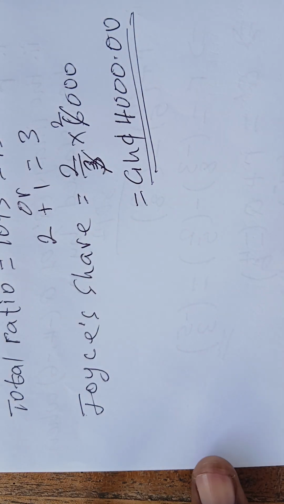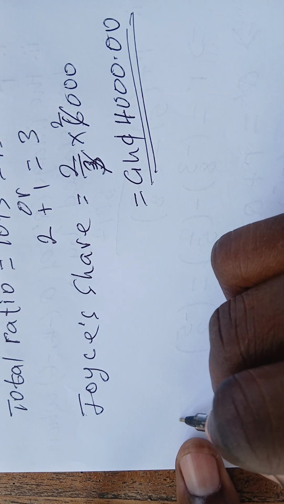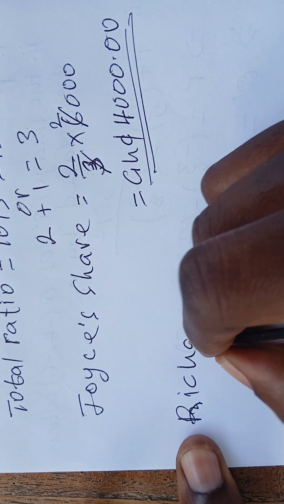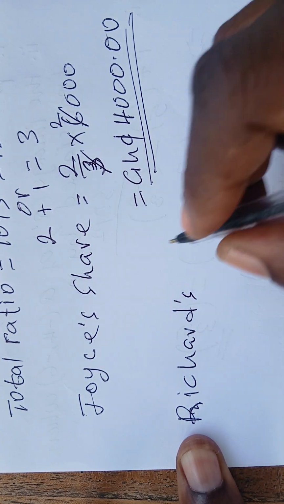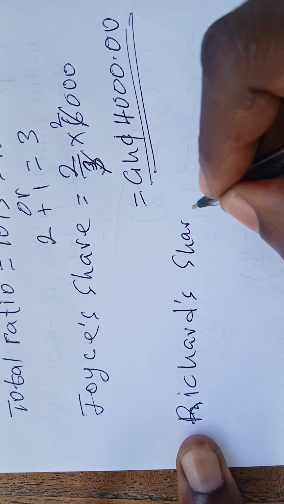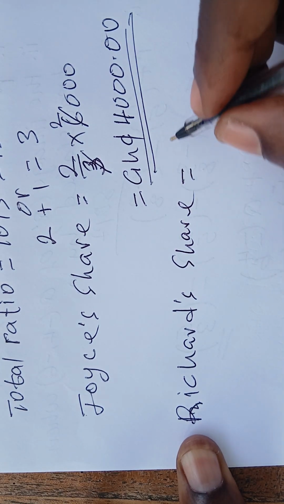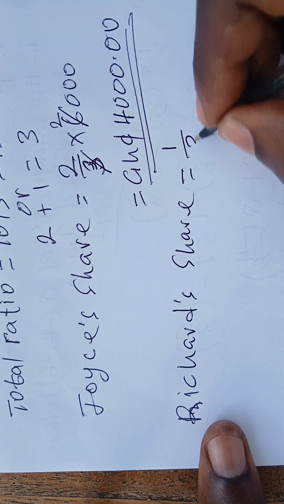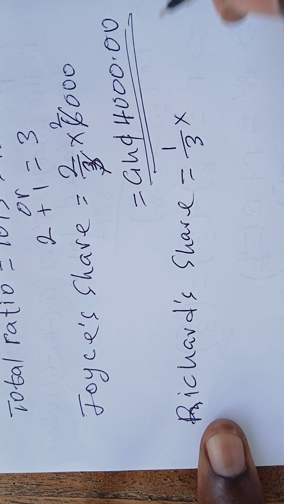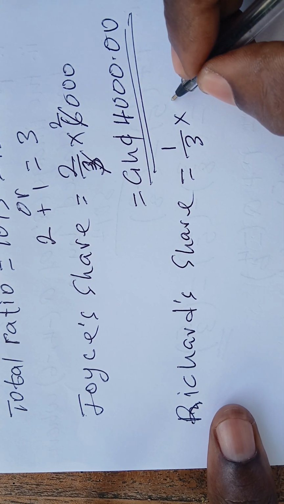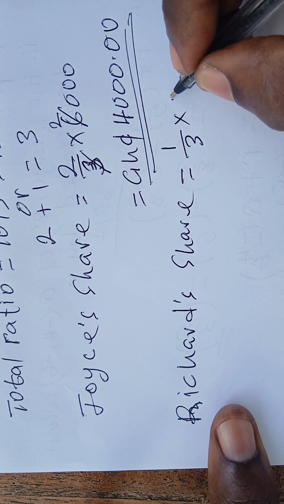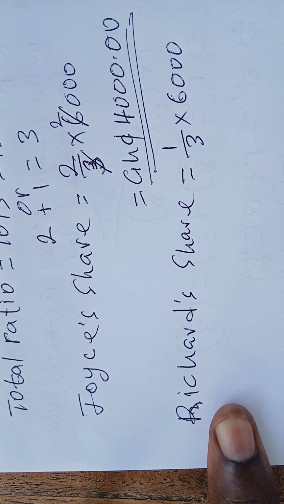Let's go and look for Richard's share. Richard's share will be equal to 1, the ratio of Richard, which is 1 over the total ratio times the amount to be shared, which is 6,000.